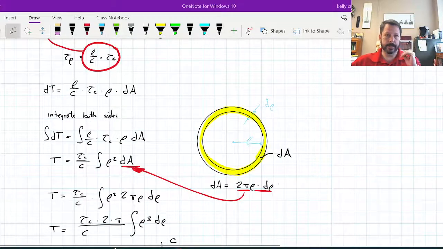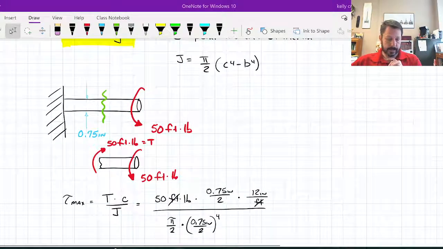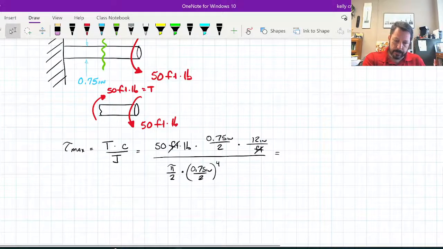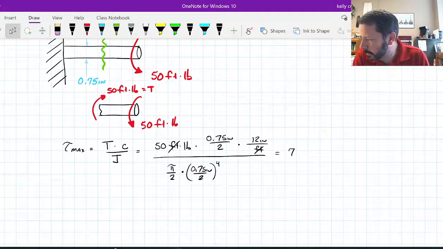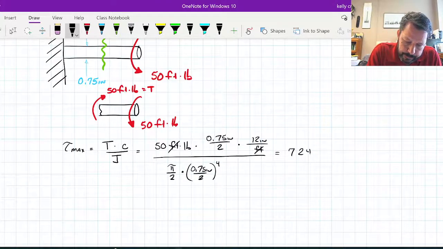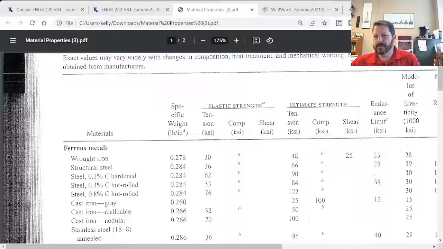The torque is parallel to that. So that creates a shear stress instead of some kind of axial stress. So this number, I guess I could write it down, equaled 7,243 psi of shear stress.